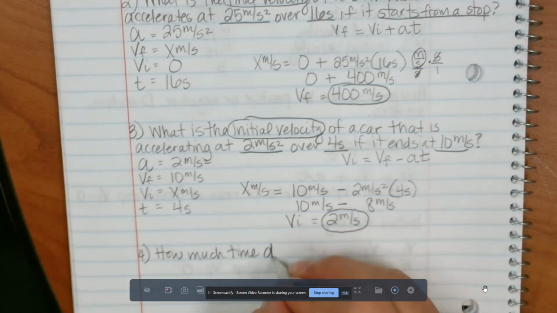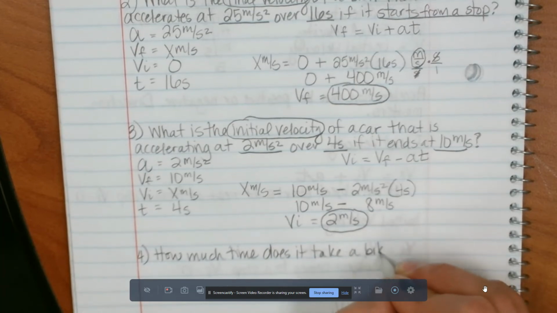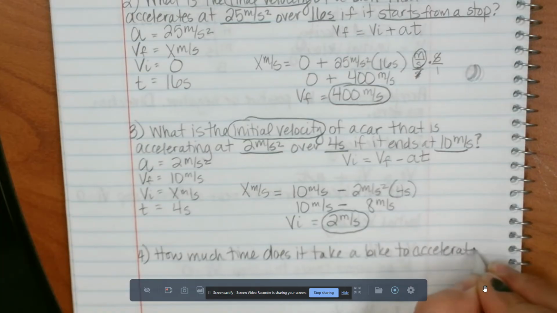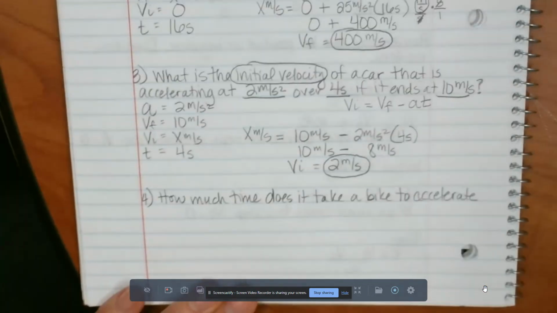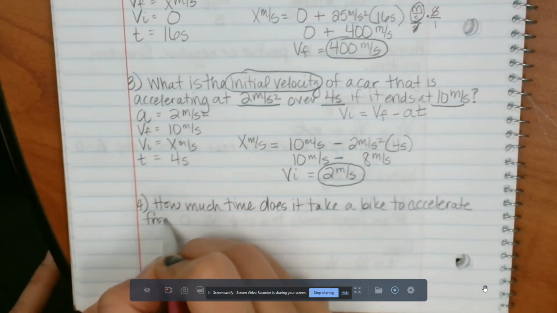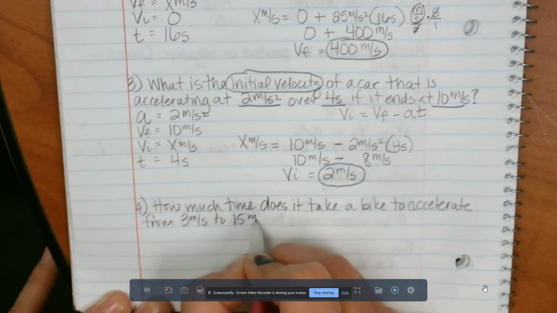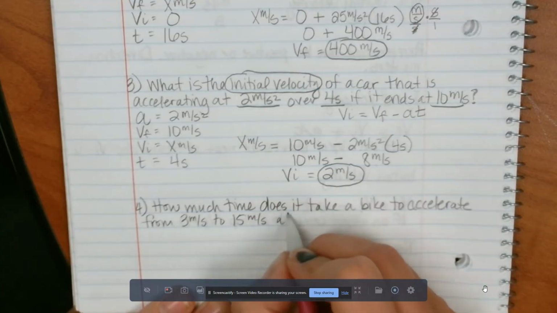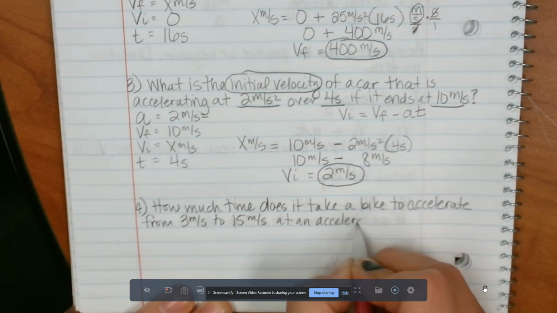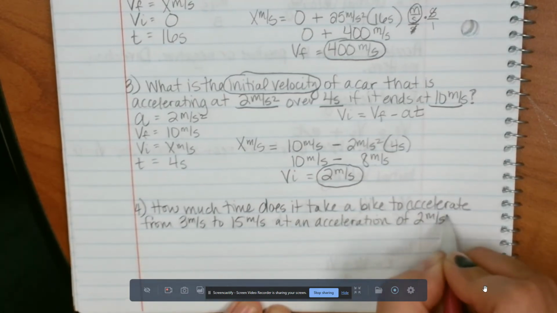Does it take a bike to accelerate from 3 meters per second to 15 meters per second at an acceleration of 2 meters per second squared.